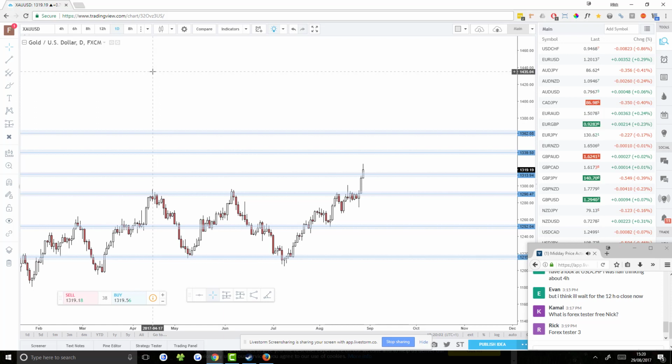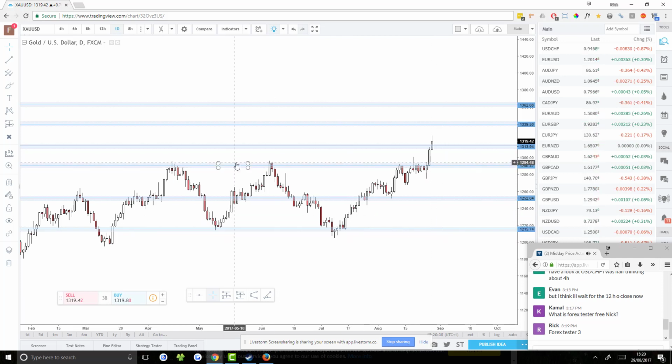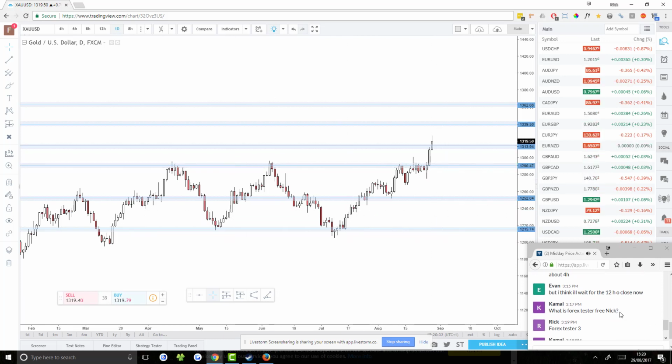Now the testing itself was not terribly accurate because I had already seen a gold chart in the recent analysis, so I already knew about all these big turnarounds. So that could obviously have an impact on the trades I'm taking because I have a general idea of the dips that were coming. So I wouldn't say that my testing was incredibly accurate, but it's worth keeping an eye on.